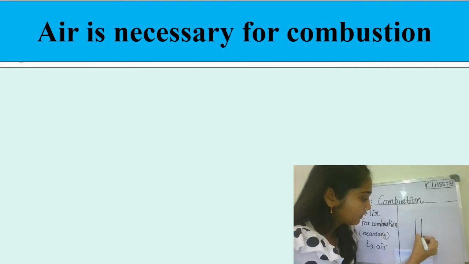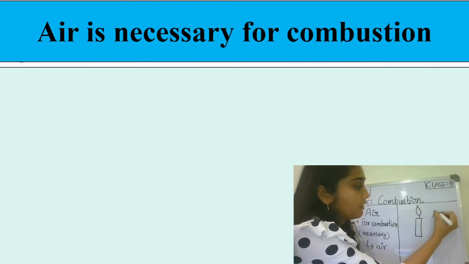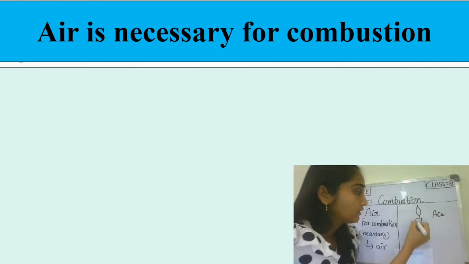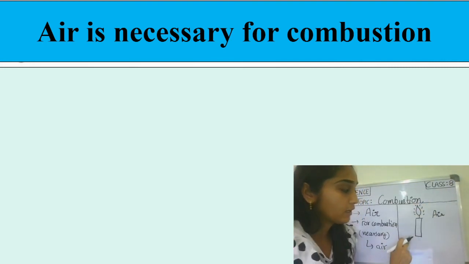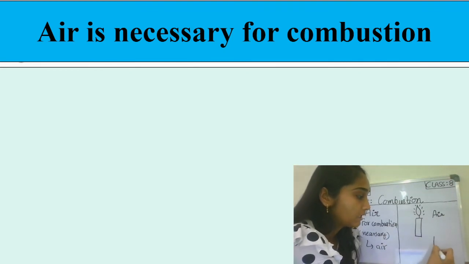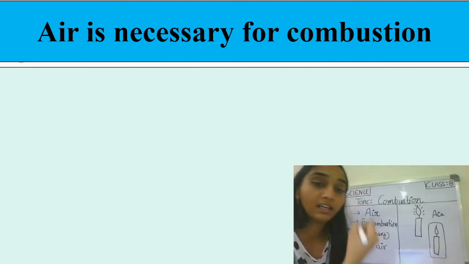Yes, students. So just now, as we have seen through this activity, air is present all around us, right? So as soon as we put the glass, this first candle kept on burning in the air. But as we keep the glass over that another candle, it blew off because it is not getting the air now.